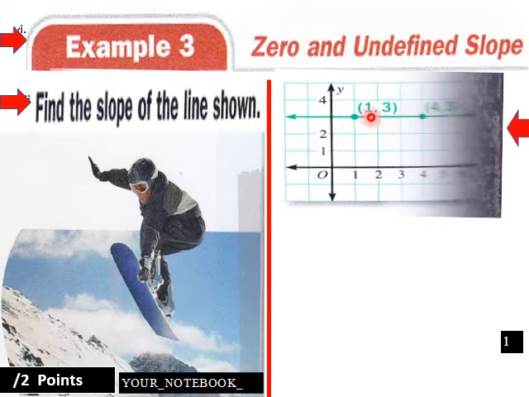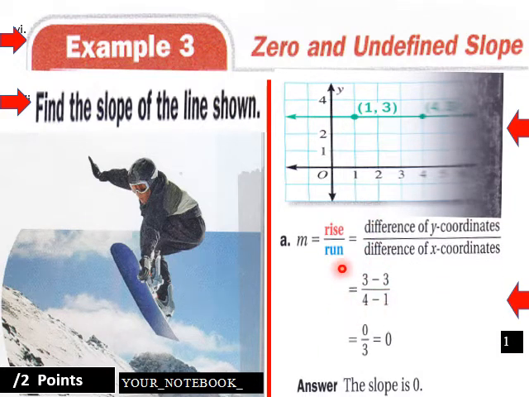What is the slope of this horizontal line? m equals rise over run, difference of y over difference of x. 3 minus 3 over 4 minus 1. We have 0 over 3, which equals 0. So the slope of a horizontal line will be 0.